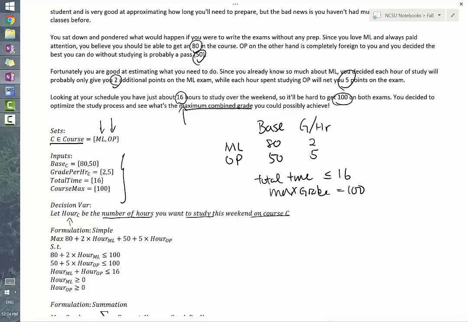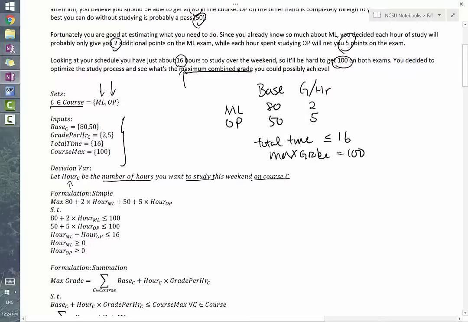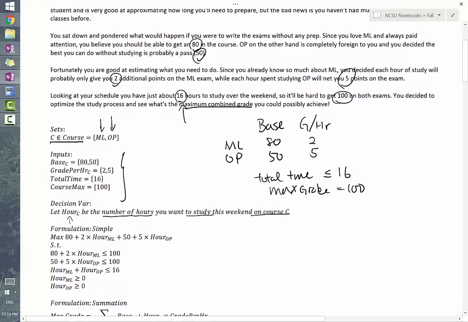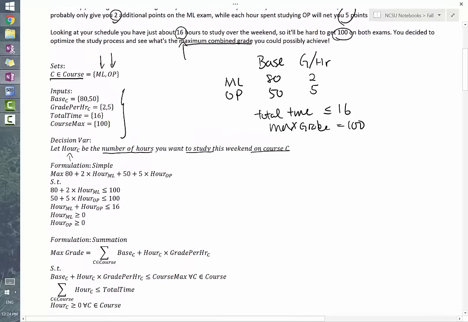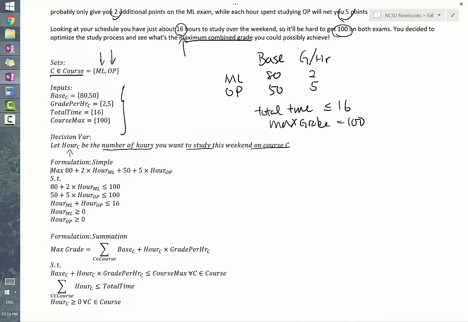Now, once these are defined, we can talk about the formulation itself. For this exam, we're going to have to do both a simple formulation and a summation formulation. A simple formulation is one where we explicitly write everything out. You probably heard a loud buzz there, sorry. Whereas the summation formulation is probably what you remember from the optimization homework involving all these signs and variable names.